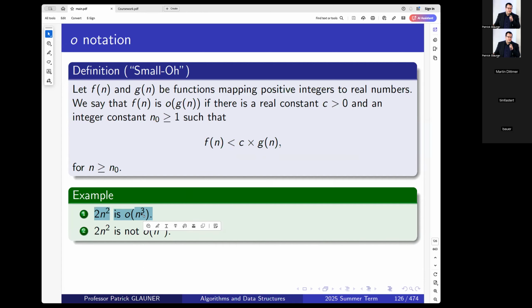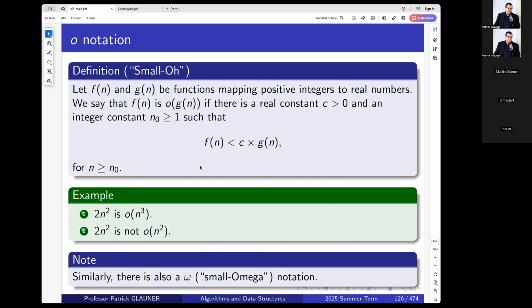So statement 1 would be correct, that 2n squared is o of n to the third, but 2n squared is not small o of n squared, because it's a less than sign and not a less than or equal to sign. So there is this small o notation. If you ever come across it, you now know what it means, but I think it just plays a minor role in the research literature and in the books.